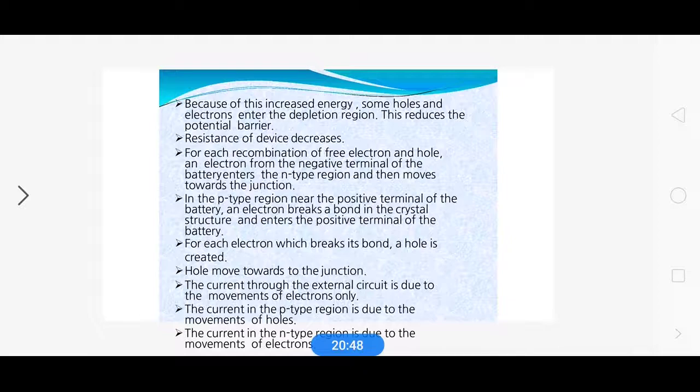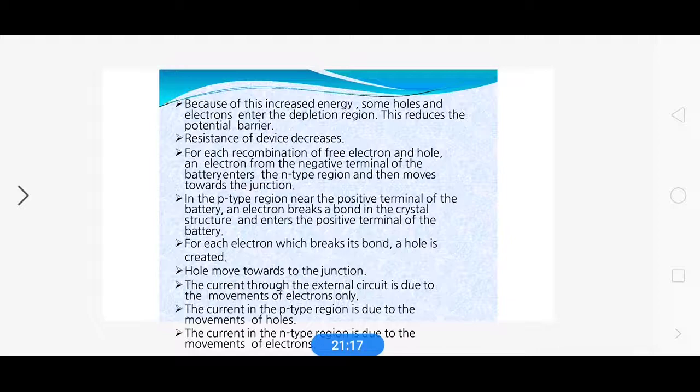So the current through the external circuit is due to the movement of electrons. Whereas the current in the P region is due to the movement of holes, and the current in the N region is due to the movement of electrons.